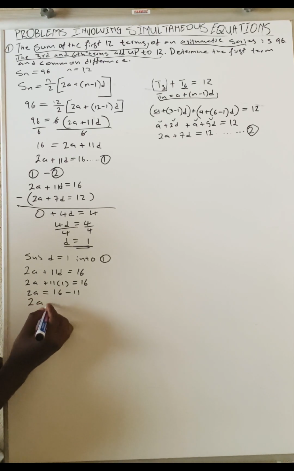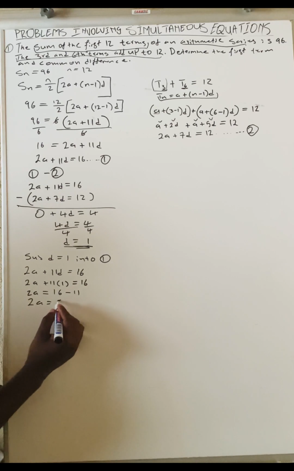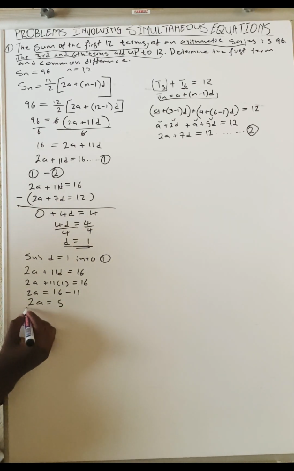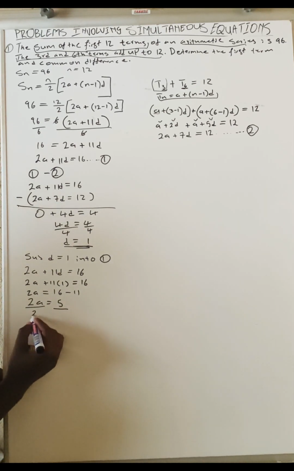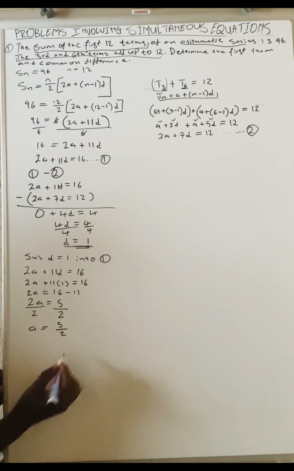Then 2A is equal to 16 minus 11, which is 5. Then you divide both sides by 2. A is equal to 5 over 2.